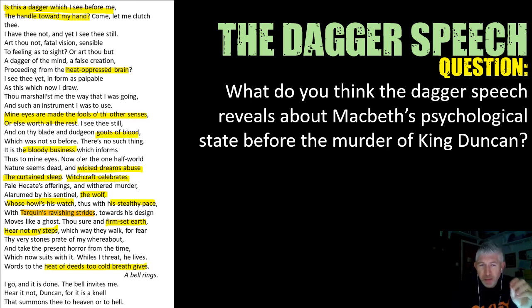But just at that moment, the bell rings, and he says, I go, and it is done. Is that the true nature of murder? Well, it's done, it's complete, or is he being a little simplistic there? Is he misunderstanding, or not thinking about, the nature of the crime he's going to commit? The bell invites me. Interesting verb, invites. What does that suggest about his mental state?